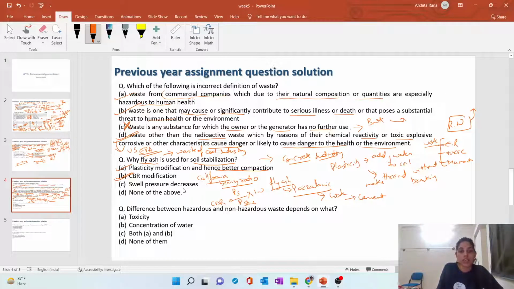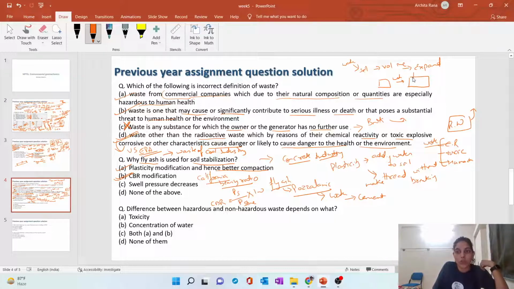Another is swell pressure. Swell pressure is, let's say you have put water to a soil to its saturation, so it expands. When you put water to soil, its volume increases, right? Initially the block is like this, you put water, it gets water saturated, and now its size increases.